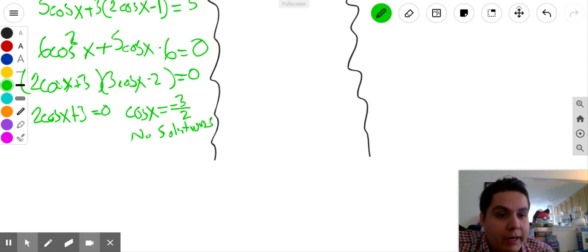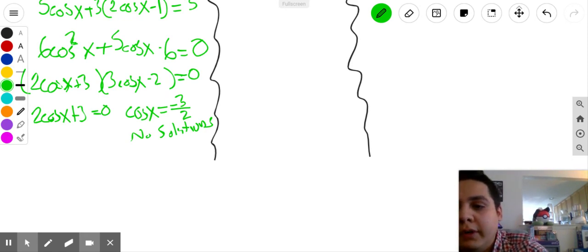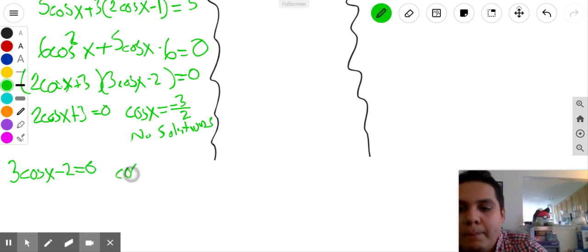Anything outside that range is not possible, so no solution. For the other one, when I look at 3 cosine of x minus 2 equals 0, I can see that cosine of x should equal 2/3.